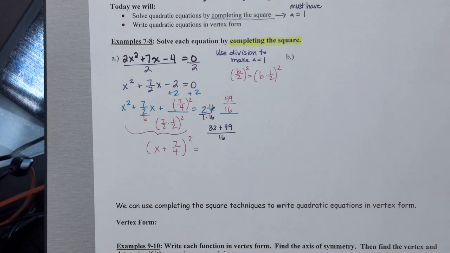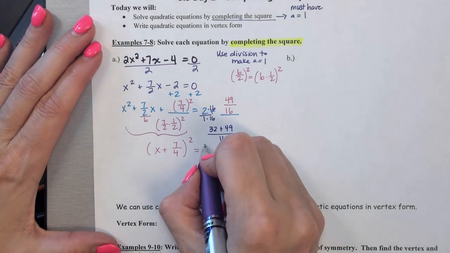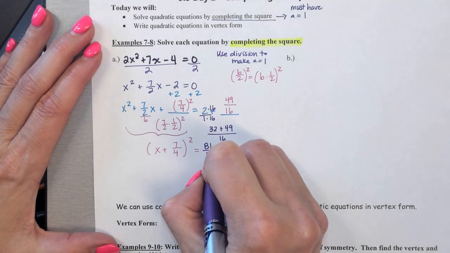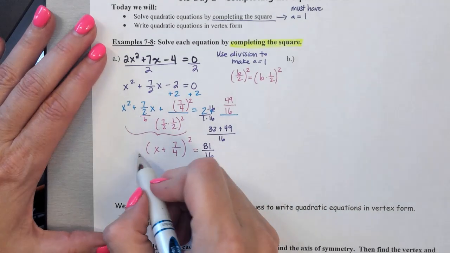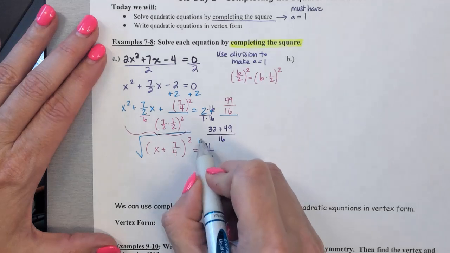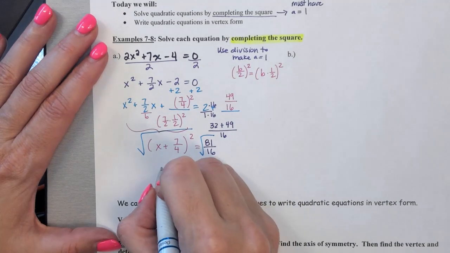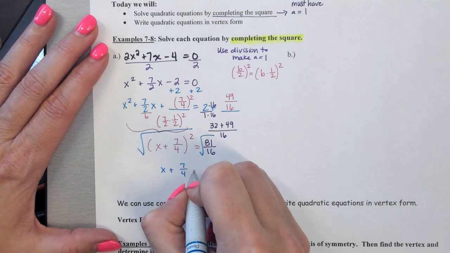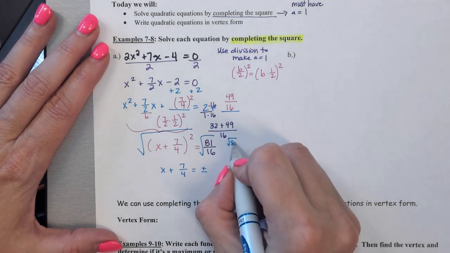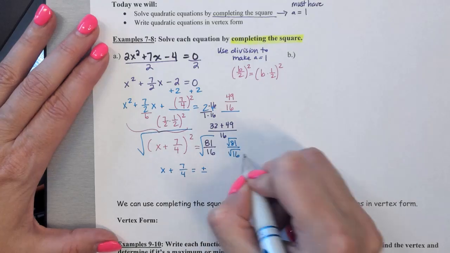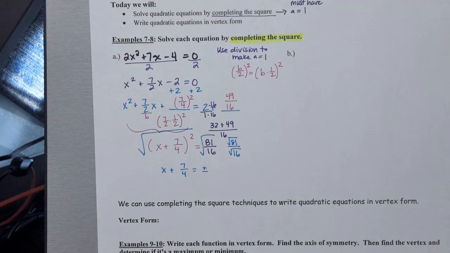And then if you want, you can just add the 49 and the 32 first. It's 81. That's nice. Why is that nice? It's a perfect square. So when you take the square root, you have the plus or minus, and then keep in mind this is the square root of the numerator over the square root of the denominator.